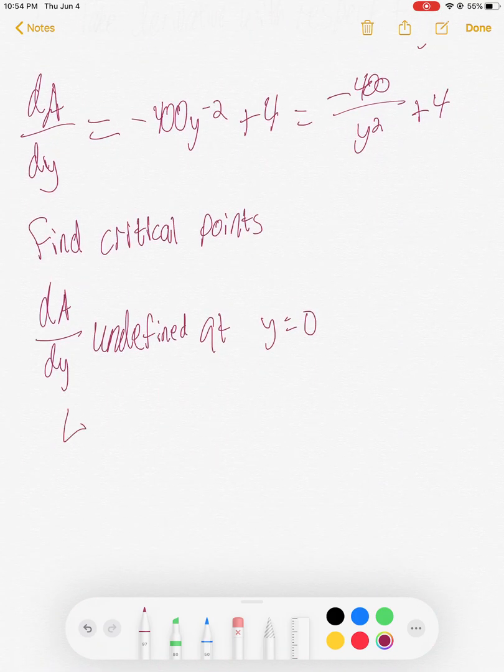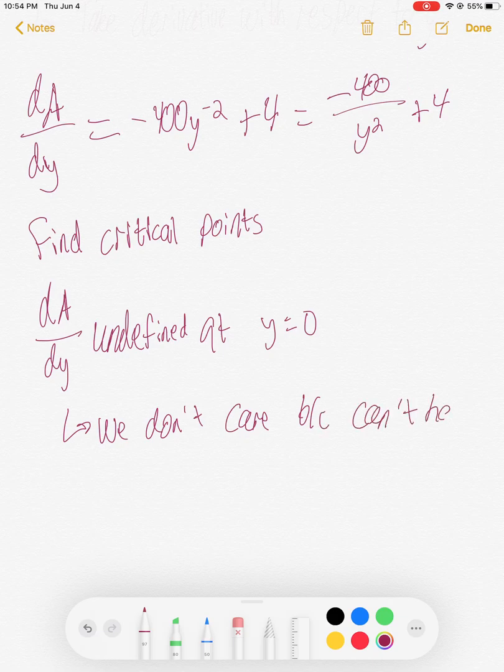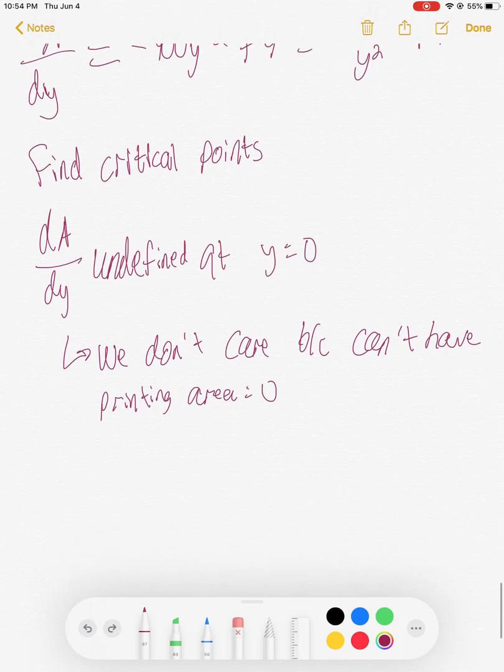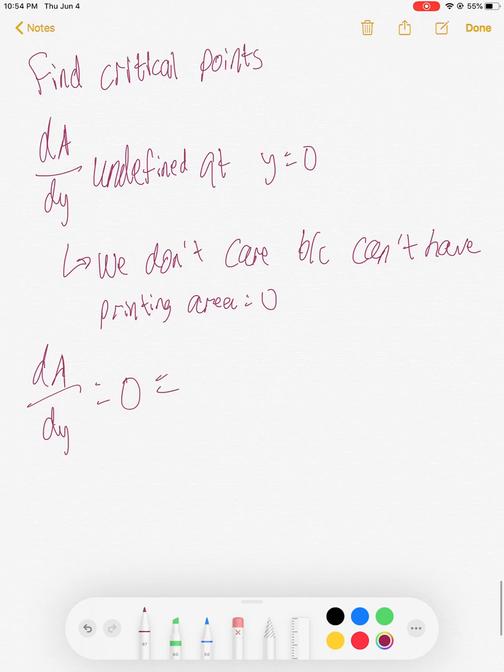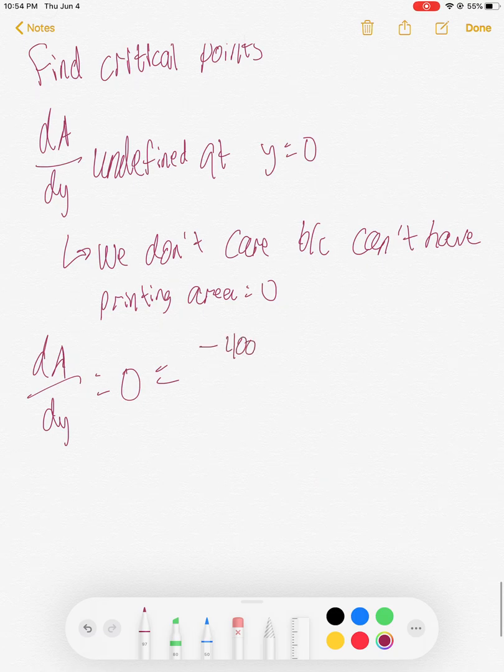However, we really don't care about y equals 0, because if y equals 0, then the printing area is going to be 0. Clearly that in this context isn't going to make sense, because we can't have printing area equal to 0.